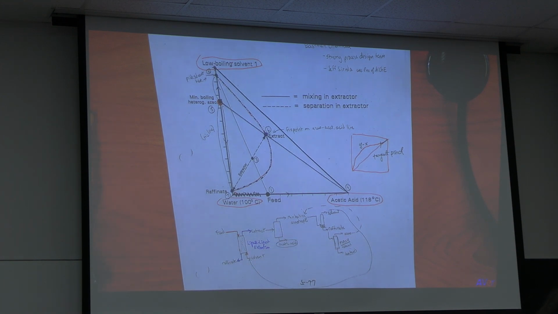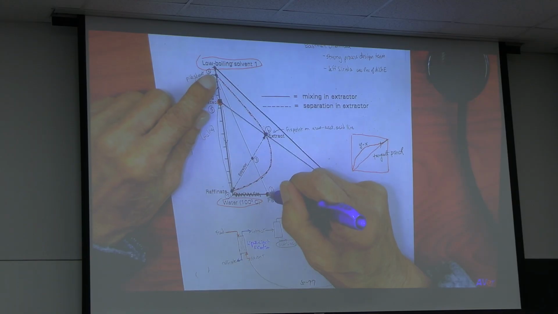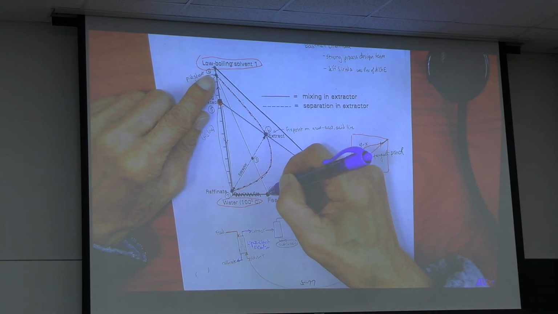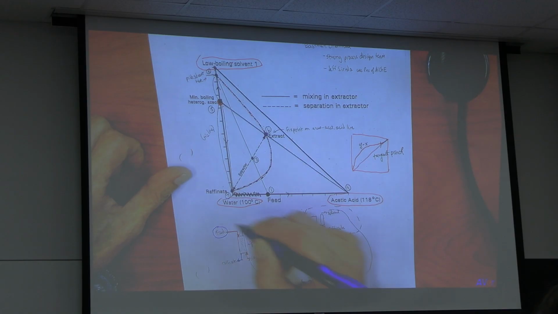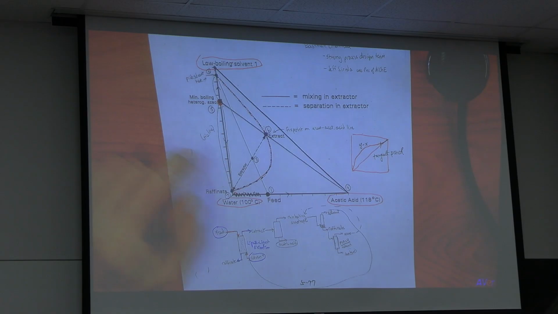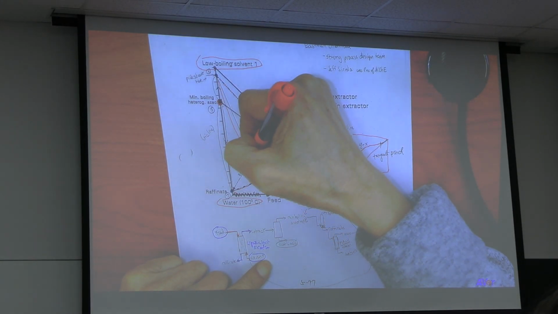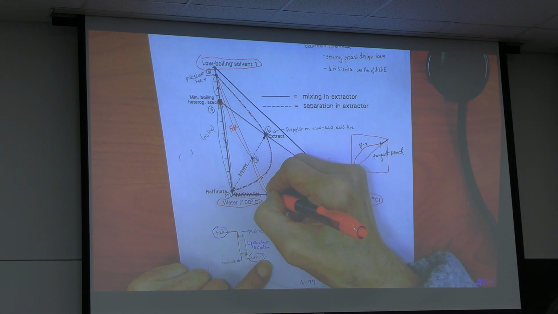There is a trick. Look at step 1, step 2. You draw a straight line. That means feed and solvent, this length is feed, that is solvent.